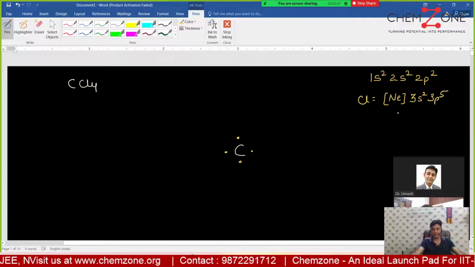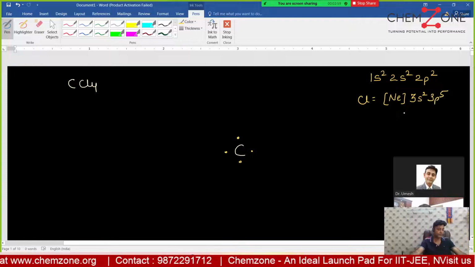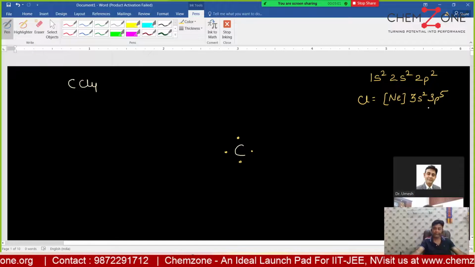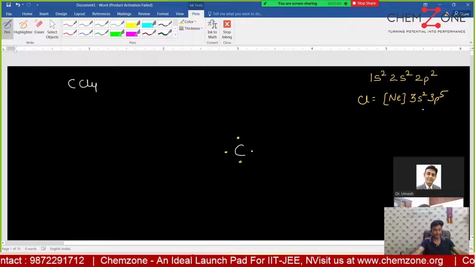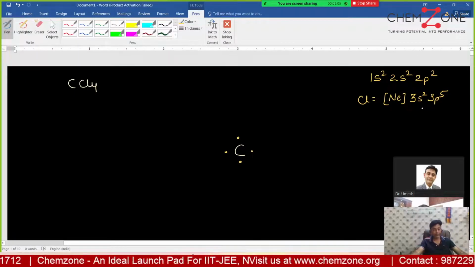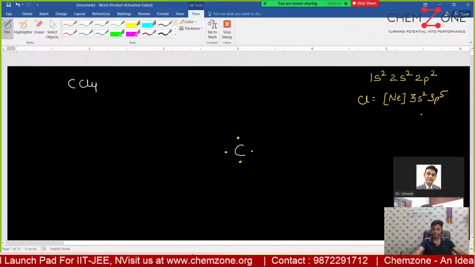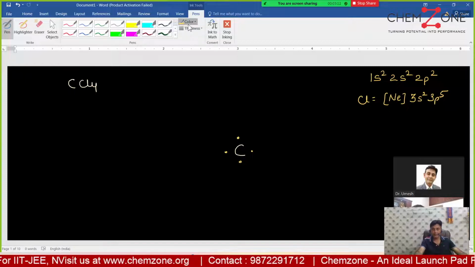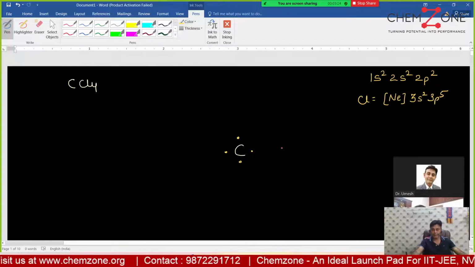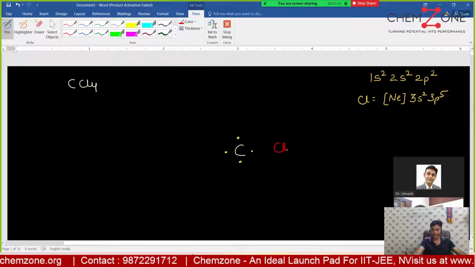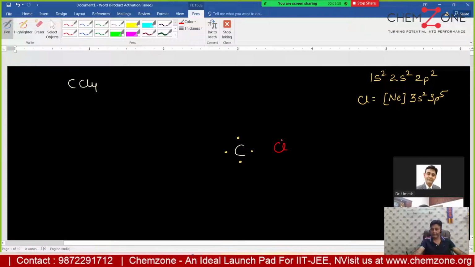So we can write like this also. What is the number of valence electrons? The number of valence electrons is 7. And the Lewis dot structure for chlorine is the symbol with dots, right?